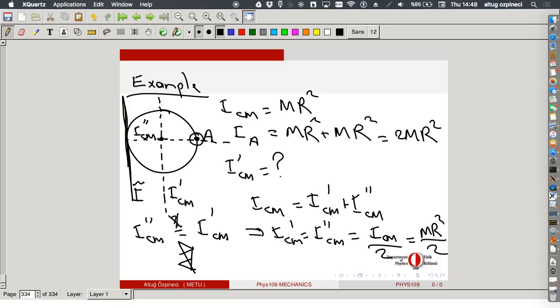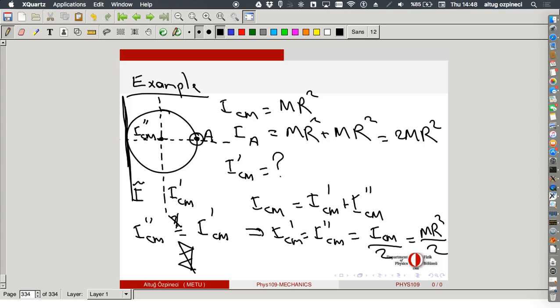And we also calculated the moment of inertia for this axis, which is the same as this axis. Just this is a wheel. And now, since we know the moment of inertia for rotations around this axis, we can also calculate the moment of inertia for rotations around this one. If you want to rotate your wheel like this, this is what you will need.